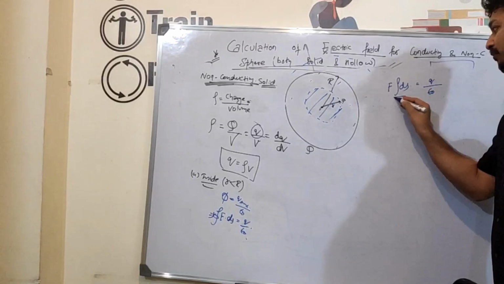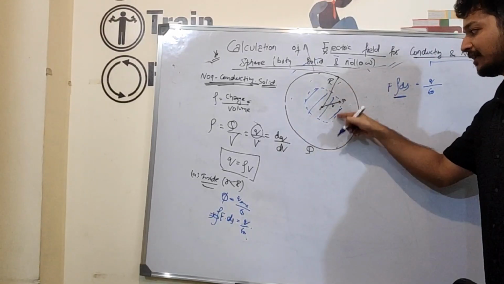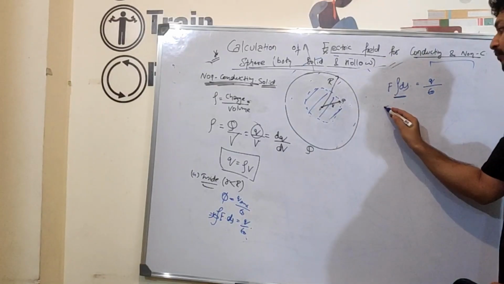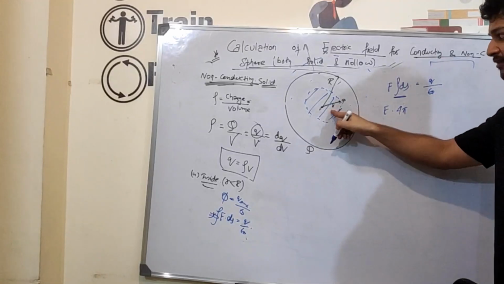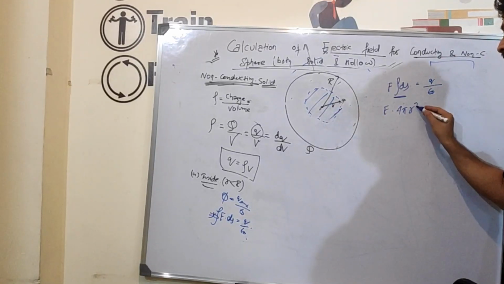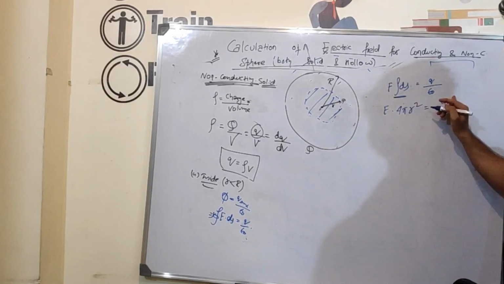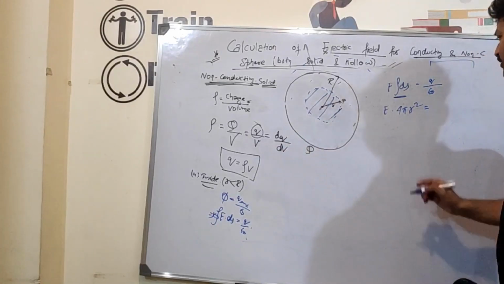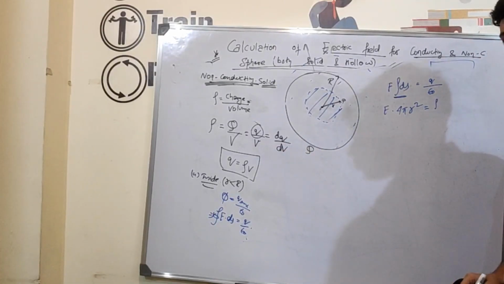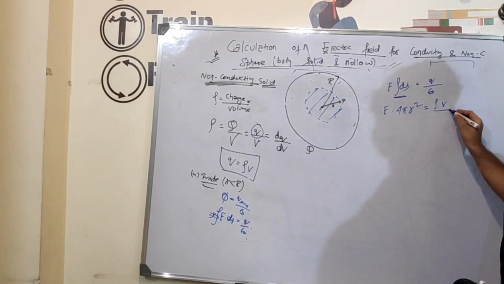The value of ds will depend upon this Gaussian surface, so we get E times 4 pi r square, since the radius is small r, equals the value of total charge q. We can even substitute the total charge q with the charge density: charge density rho multiplied by the small volume v, divided by epsilon naught.